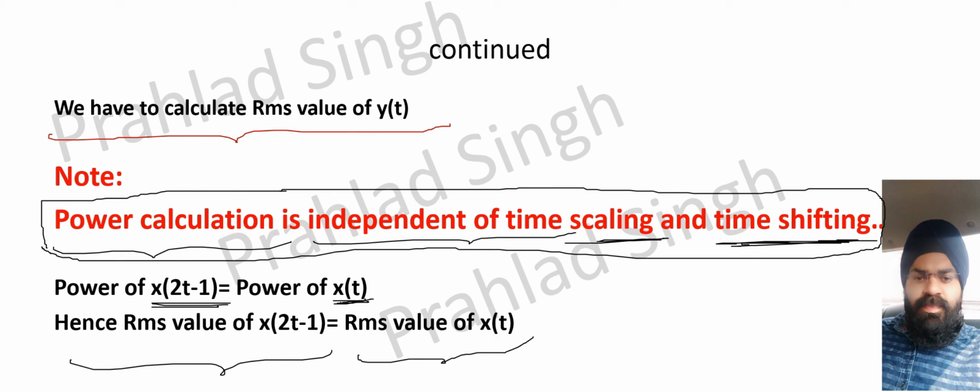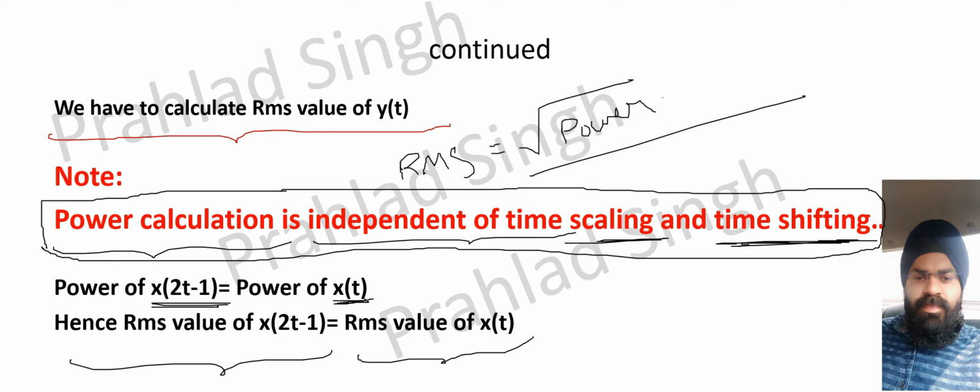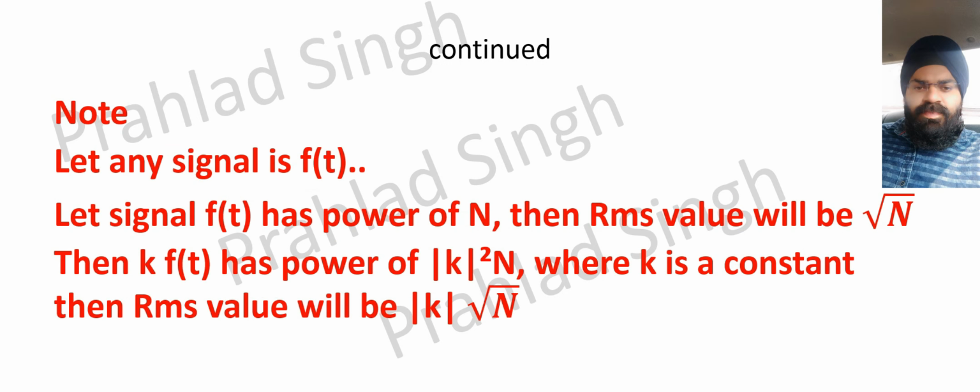If the power of two signals is the same, then the RMS value will also be the same, because RMS value is the square root of power.